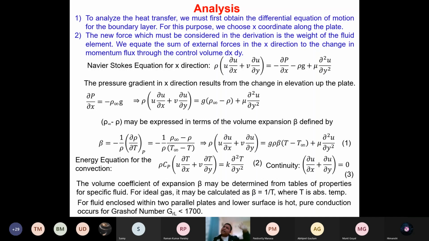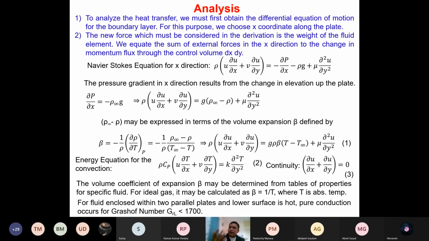Remember, in the earlier case of forced convection, we said that the flow is going to be laminar when the Reynolds number is less than 5 into 10 raised to the power 5, isn't it? Similarly here, we are going to have a Grashof number.